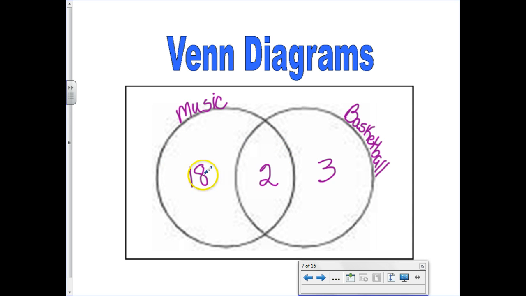When I look at these numbers together, 18, 2, and 3, I've accounted for 23 students here, but there were 11 students that weren't part of basketball or music. Put them outside of the 2 circles, still within the box. This is my class, or the total number that I've surveyed. Now it more accurately represents the total of the 34 students. So these 11 are students that aren't in music, aren't in basketball.